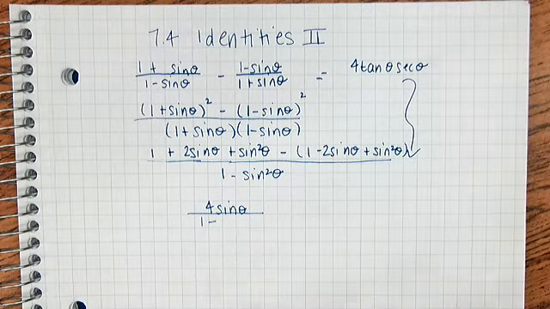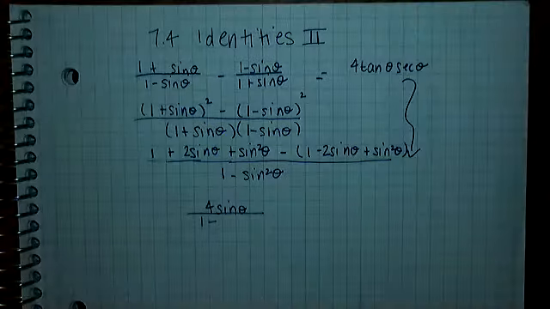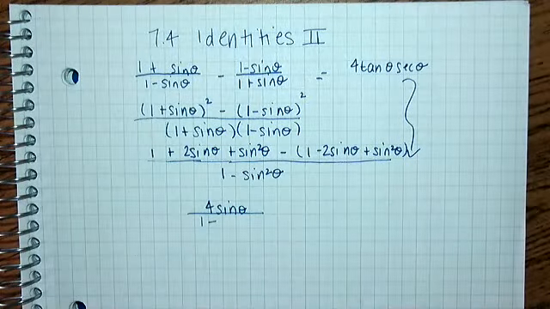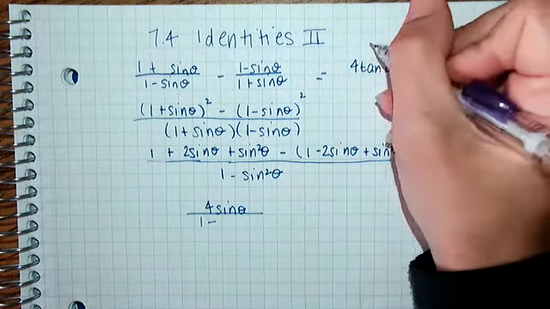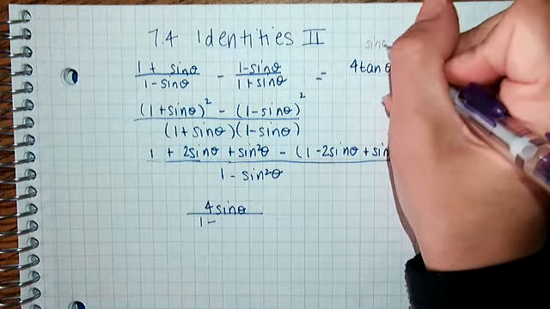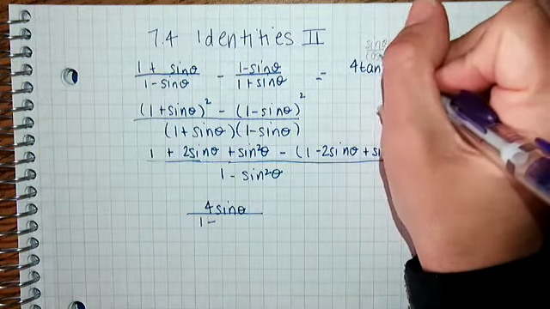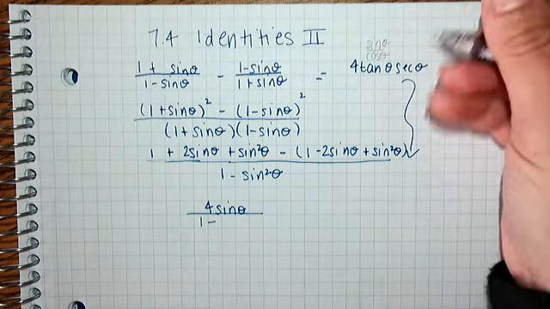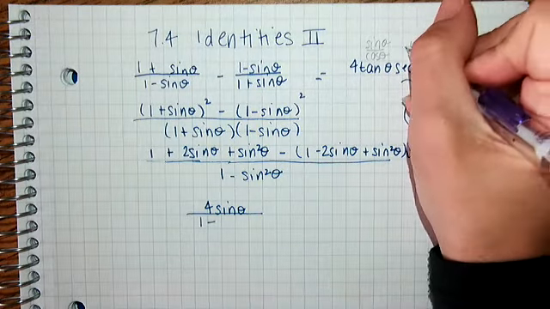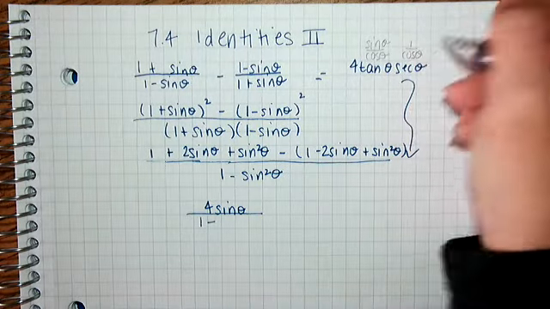So I'm going to kind of cheat. Normally we don't do this. Well, we don't ever cheat, but looking ahead to where I want to be, I know that tangent is sine over cosine, and I know that secant is 1 over cosine.